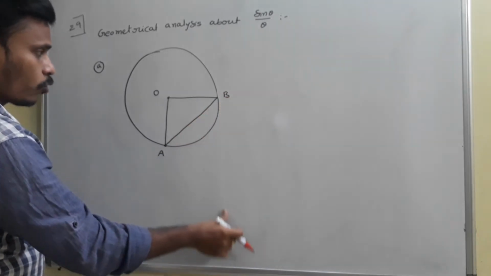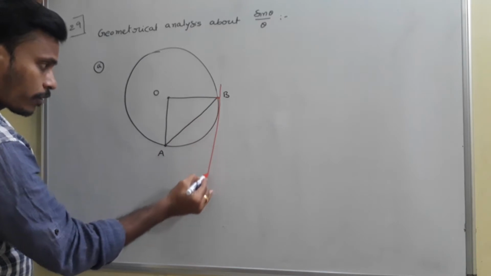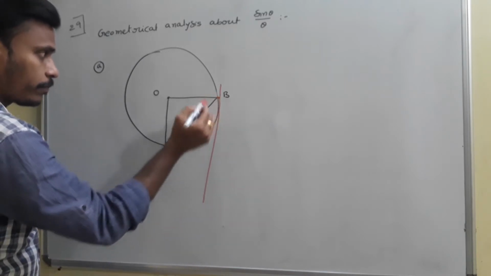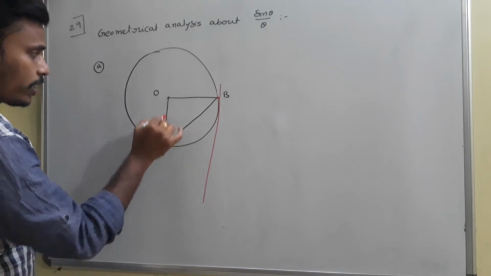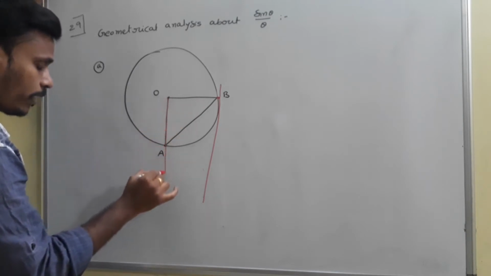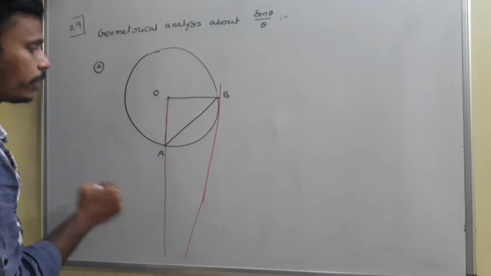Tangent is a line which is touching the circle. Then you extend this OA to meet the tangent. Somewhere this tangent line will meet OA.